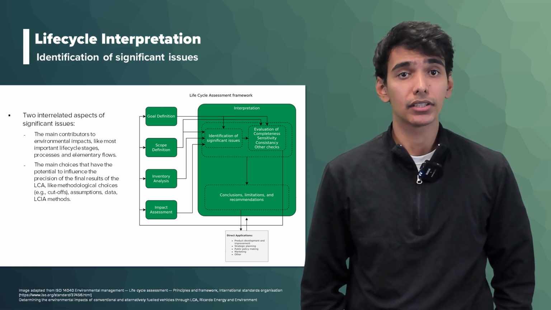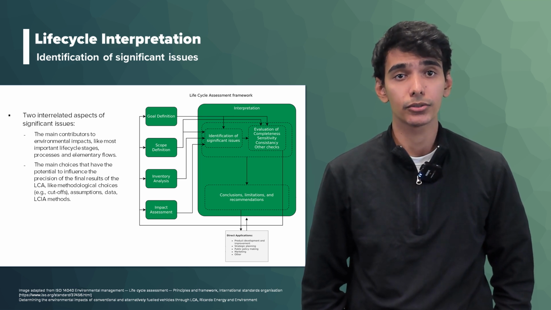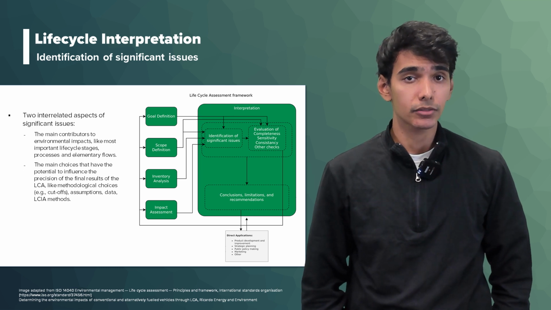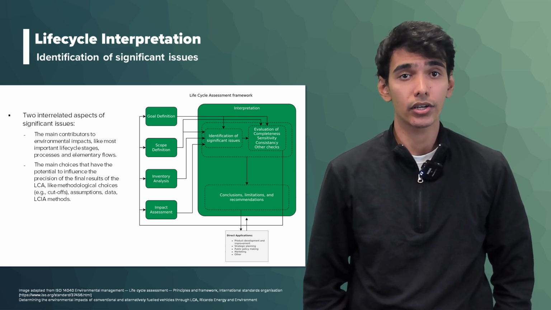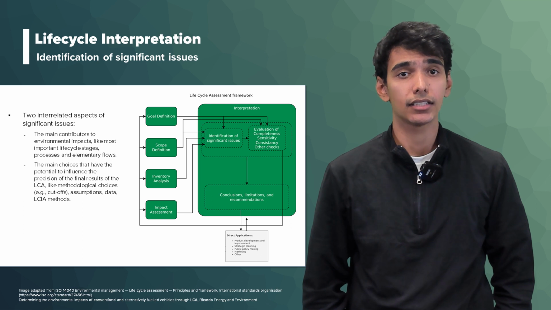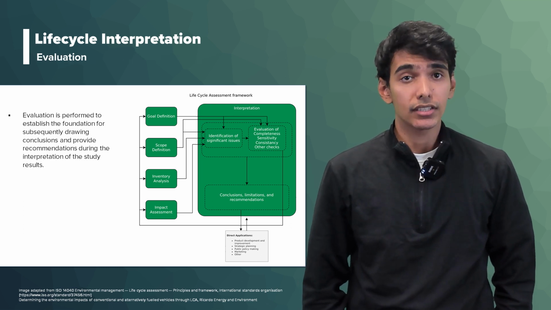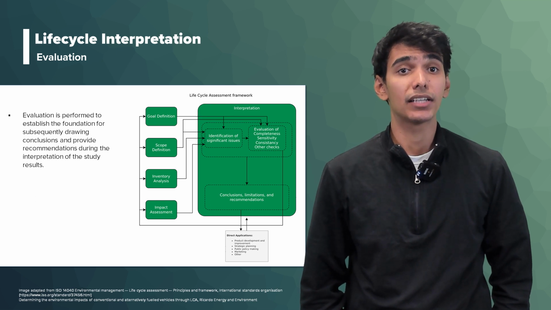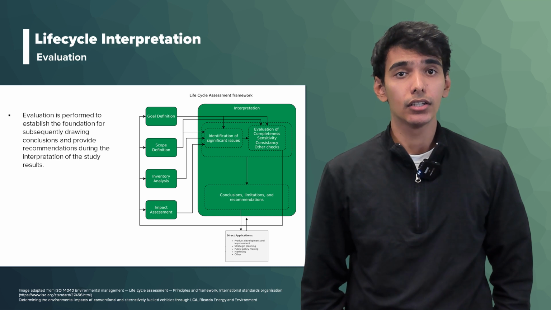For example, the methodological choices, like which cutoffs do you use to include or exclude data, what assumptions you made in the first place, the data itself and the quality of the data, and also your LCIA methods.